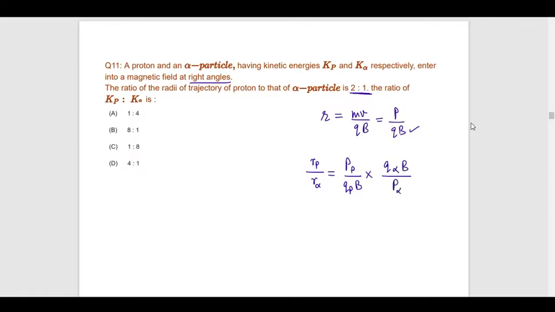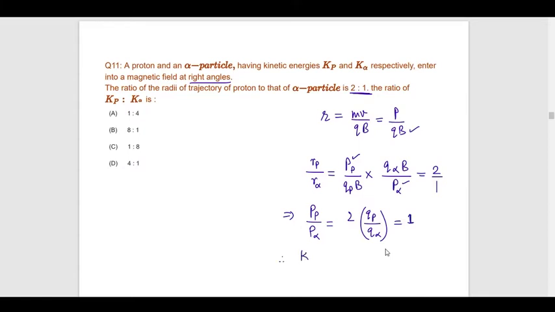And the ratio of their trajectories is given as 2 to 1, right? So from here, we can figure out the ratio of their momentums. So momentum of proton to the alpha particle is equal to 2 times the charge of proton upon charge of alpha. And I think you know that this ratio is half. So the ratio of their momentums will be equal to 1.